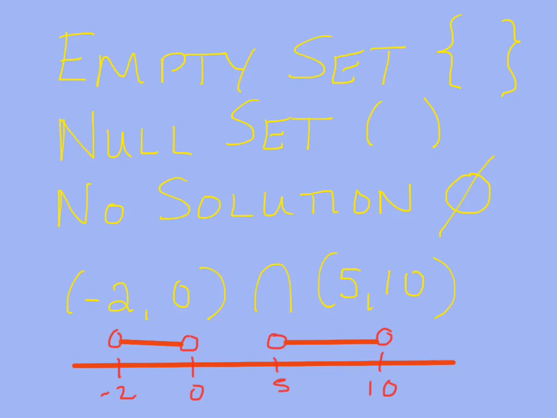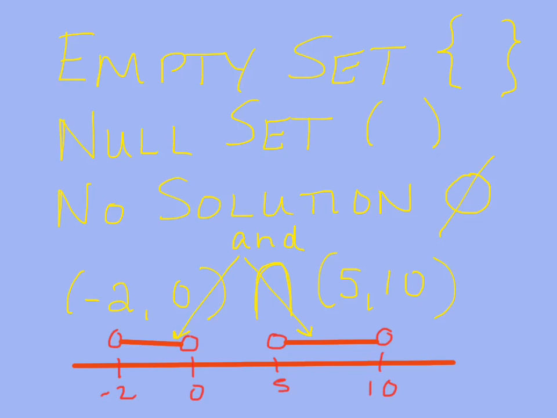Now, you're saying what values are between negative 2 and 0, and also between 5 and 10. Here and here. What values are here and here? There aren't any. So the answer to that would also be no solution.